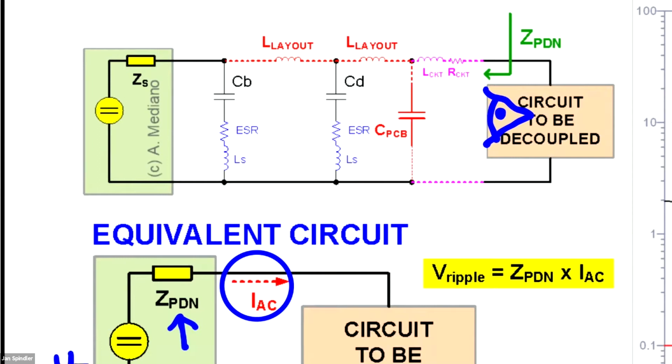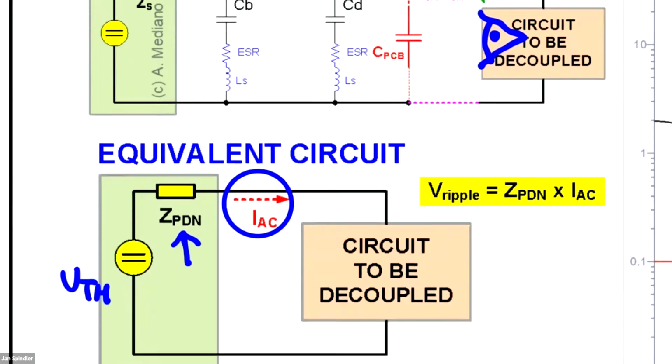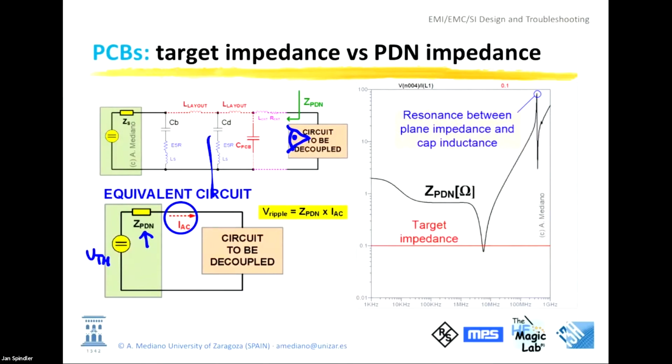You have the capacitance between the planes, you have VCC and ground planes, and additionally, you have the output impedance of your voltage regulator. The result of these impedances, if you go from here to here with circuit theory, if you calculate the equivalent, you will see that the impedance is something like this. It's small in some frequencies, high in other frequencies, and importantly, we have resonances.